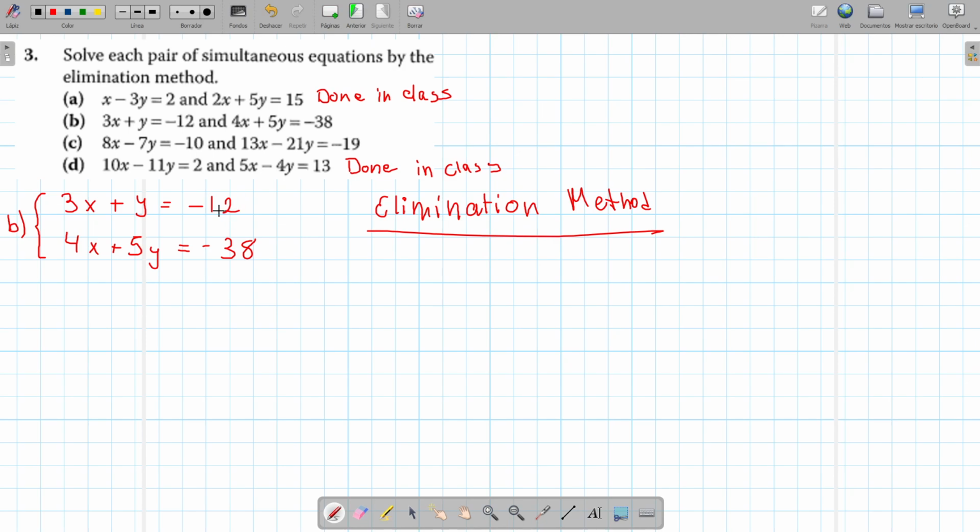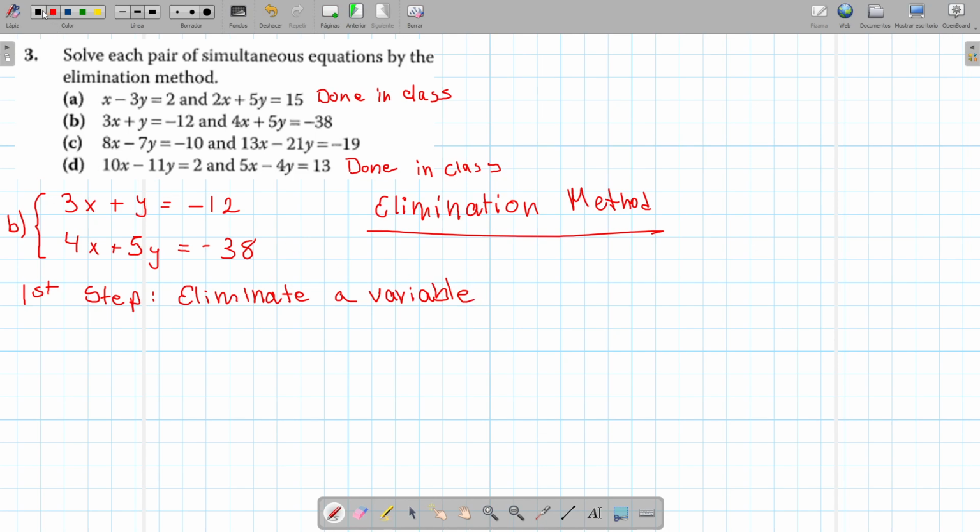Now, the first step is to eliminate a variable. You can choose the variable.